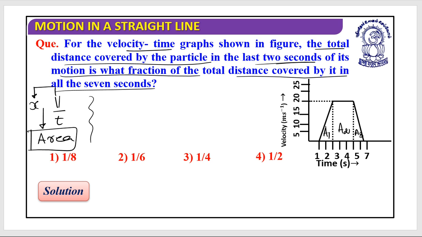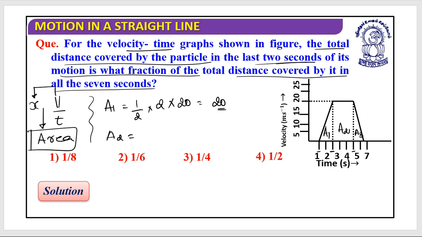So now, how can I calculate the value of area 1? Area 1, look at that, it is a triangle. Started with 1, ended with 3. It's 1 by 2 multiplied by base, which is 2, multiplied by height, which is 20. So area 1 is 20. Now turn to area 2. Here it has started with 3 and ended with 5.